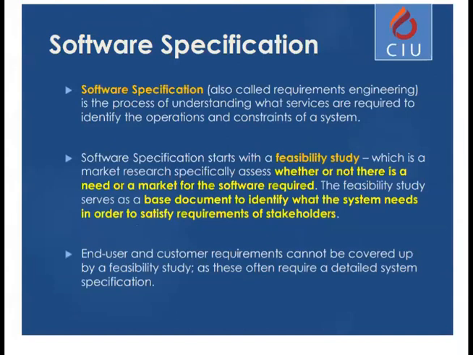In the software specification part, as I already discussed, this is the part where you understand what services are required and what your constraints are. Now, this is the part that I didn't perhaps mention, but the constraint part is also important, because this is where you understand what you have to do and what you shouldn't do.